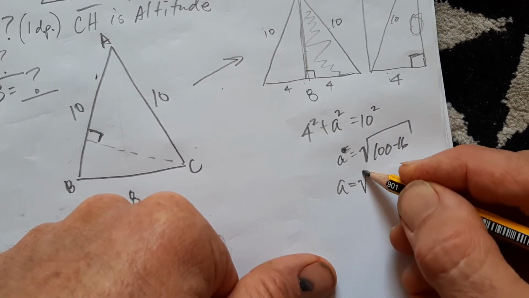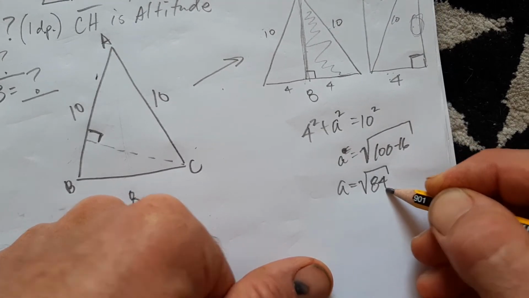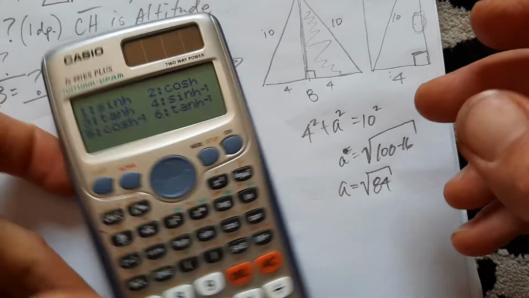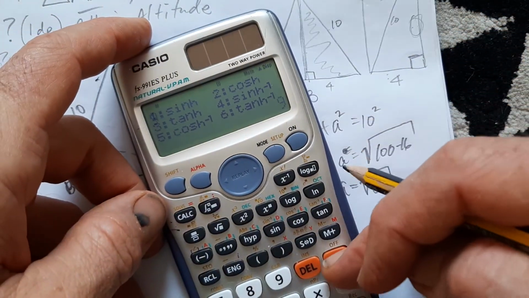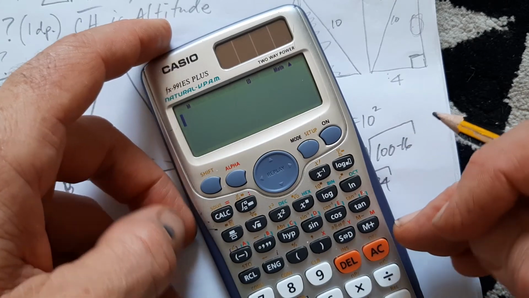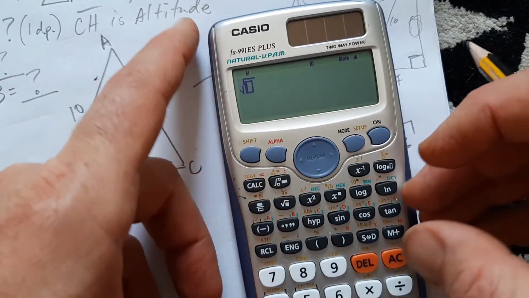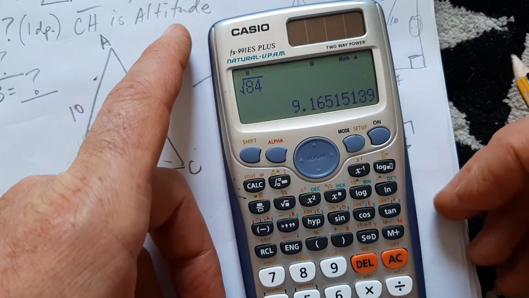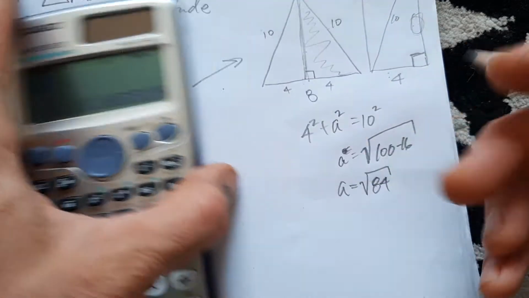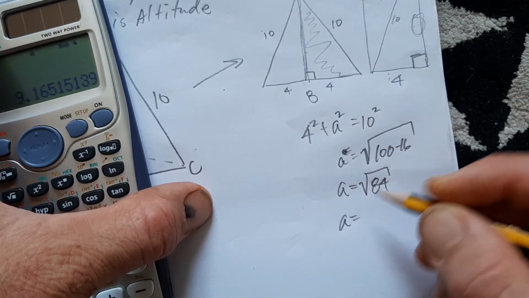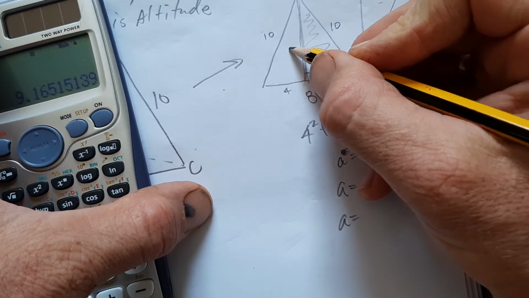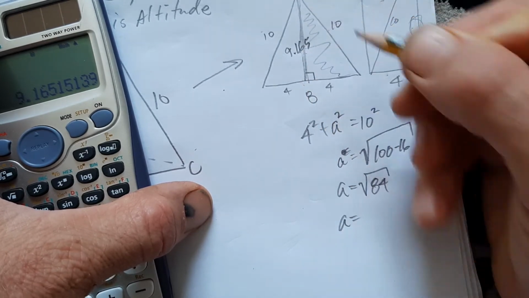I remember we got the square root of 84 before. So let's get this. Square root of 84 equals 9.165. So that's the height here. That's this height, 9.165.